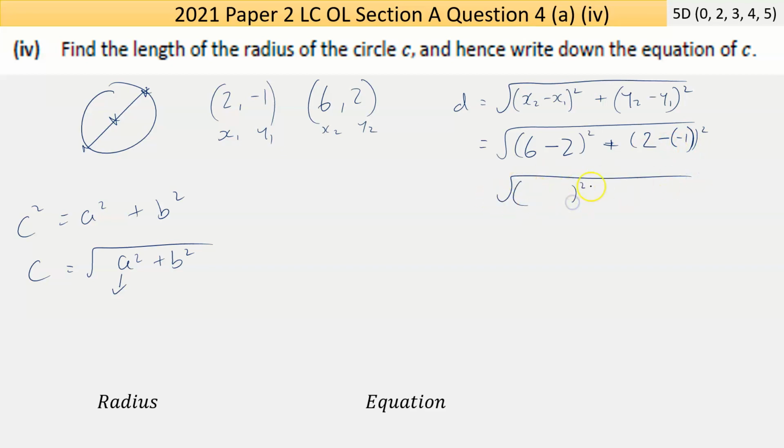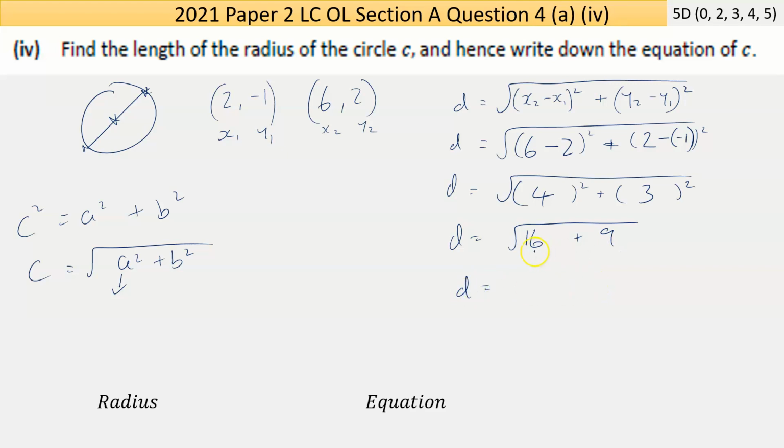Okay, I'm going to do inside the brackets first, so 6 take 2 is 4. Now 2 take away -1, okay, is the same thing as 2 plus 1, which is the same thing as 3. Now I should keep my left hand side consistent. And then I can go and just do the powers. So 4 squared means 4 by 4, which is 16, plus 3 squared means 3 times 3, which is 9.